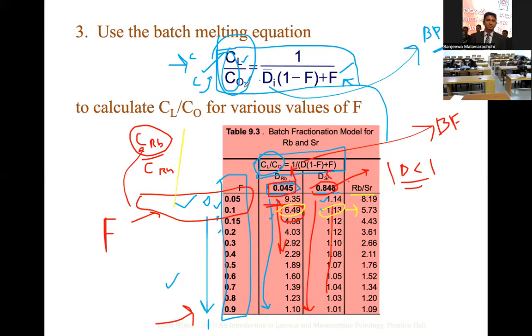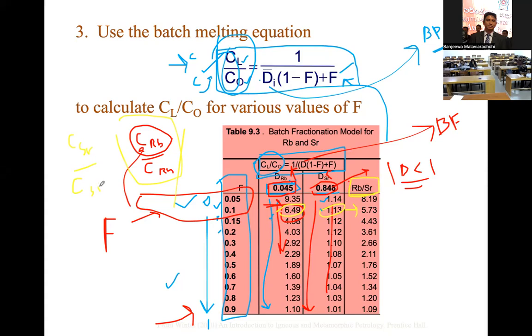You are taking C rubidium in the liquid divided by C rubidium in the source, and for strontium also C strontium divided by C strontium in the source.